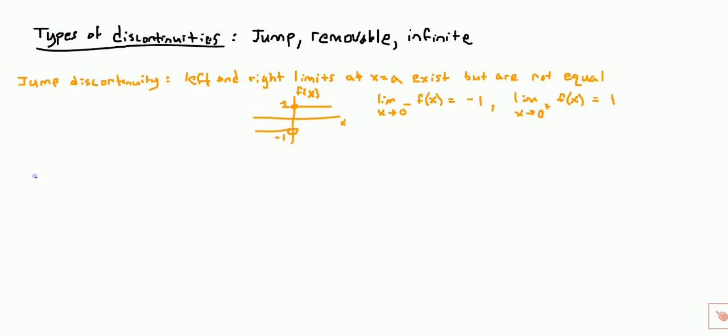All right, the next one we'll talk about is removable. So a removable discontinuity, if you could redefine the function's value at the point in question where there is a discontinuity, and if you did that it would be continuous, then you have a removable discontinuity.